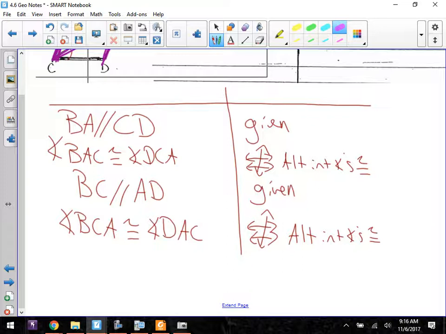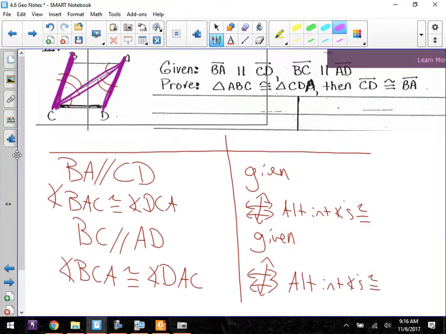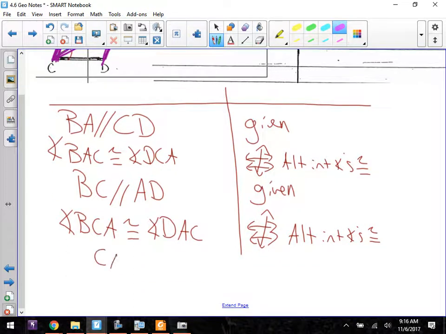So now you have two angles. What else can you find? The side. What side is it? Yeah, AC or CA, however you want to say it. CA is congruent to itself. There's your reflexive property.